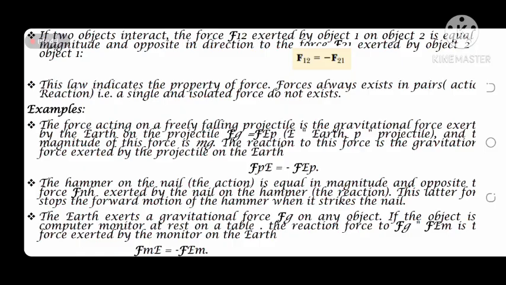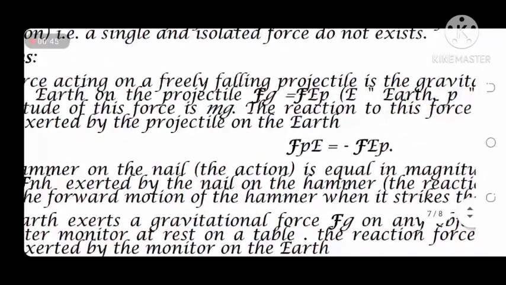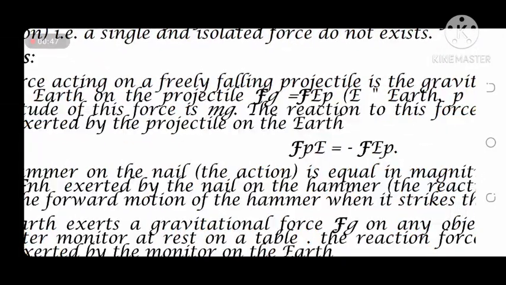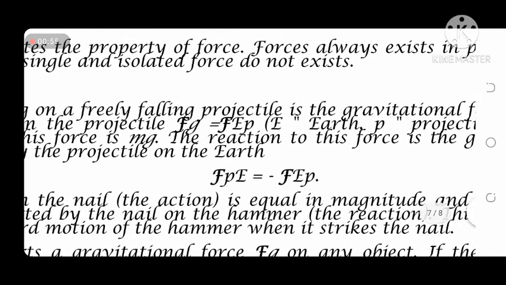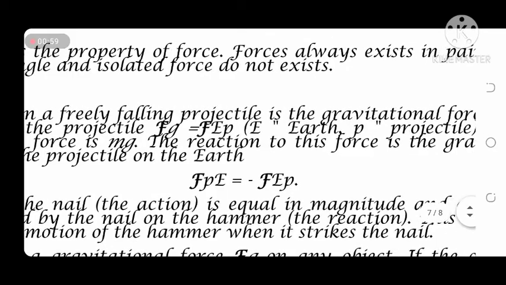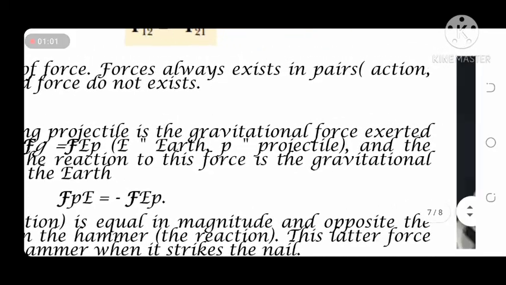That is, Fg is equal to FEP, force of Earth on the projectile. E is the abbreviation subscript for the Earth and P for the projectile.